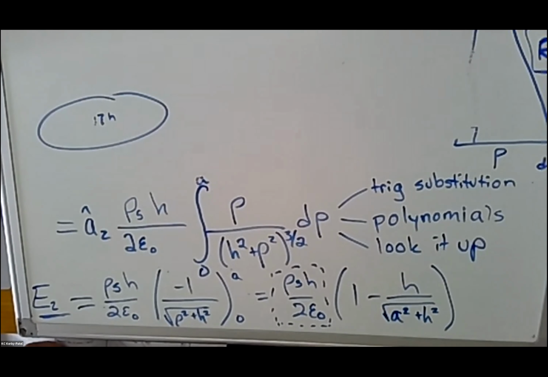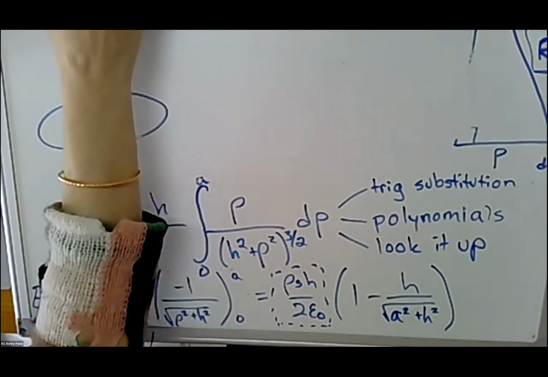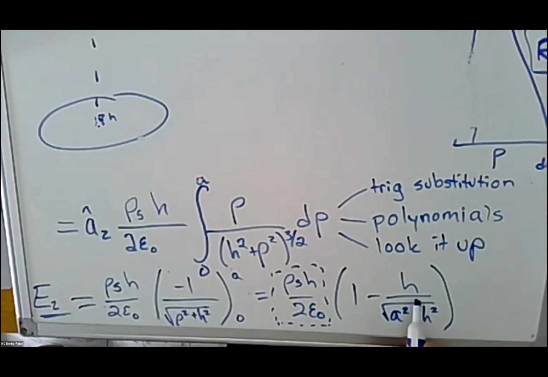On the other hand, if you move really far away, if you go up really high off the board, and that value is H, then you end up with, what do I get?